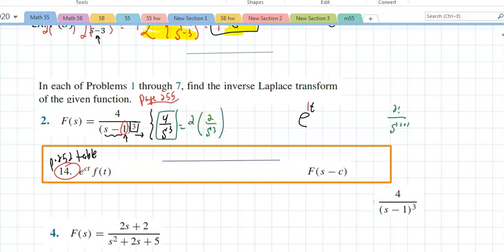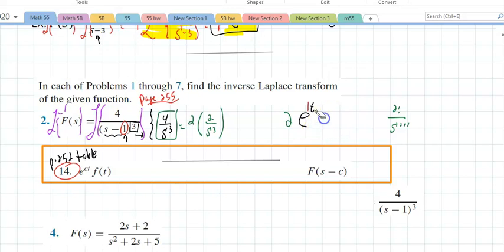And now, if I would apply the inverse Laplace transform, right? That would be e to the t, a 2 in the front, times 2 over s cubed.